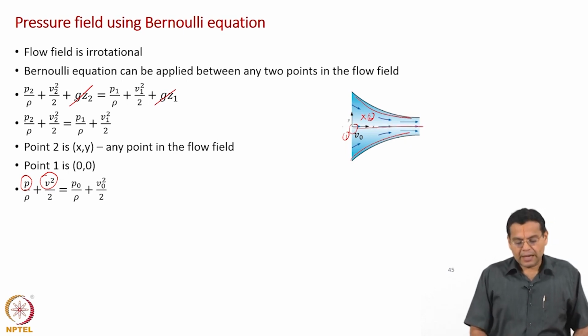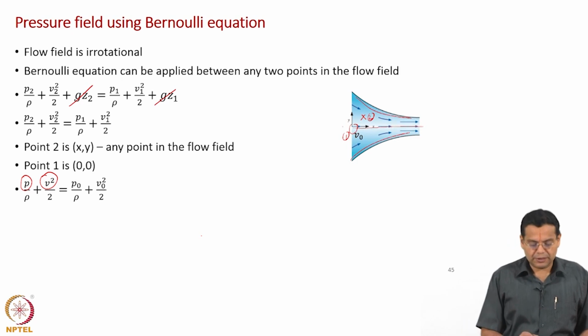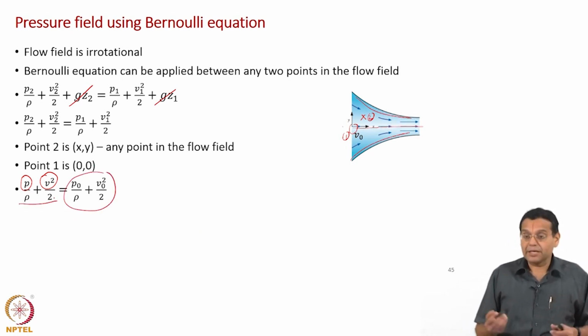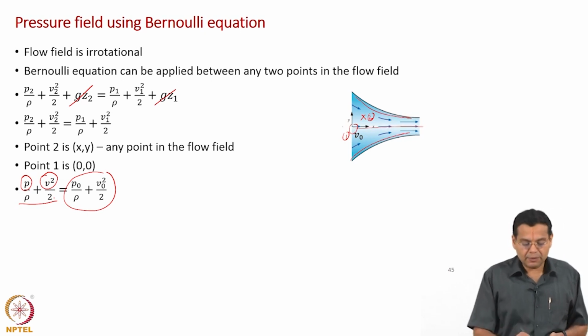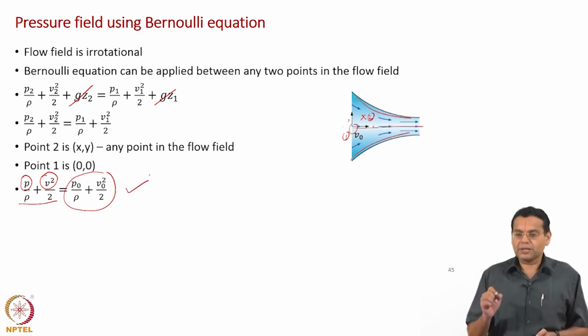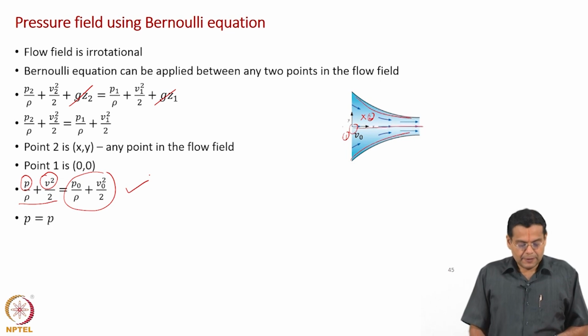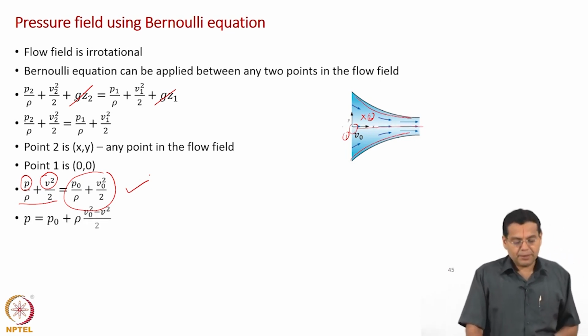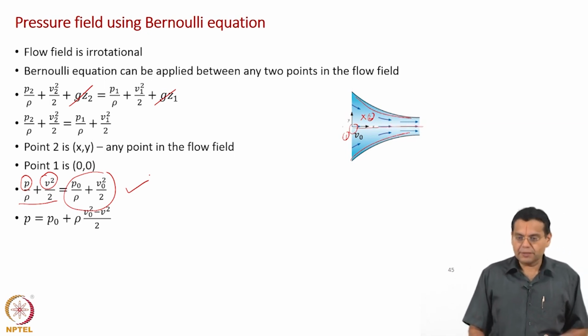Similarly instead of V1 I denote it as V naught, so V naught squared by 2. So these denote the 0 comma 0 condition, and on the left hand side you have any point x comma y. Remember we are able to write this just because it is irrotational flow, okay. So let us rearrange this. So P is equal to P naught plus rho into V naught squared minus V squared by 2, okay.